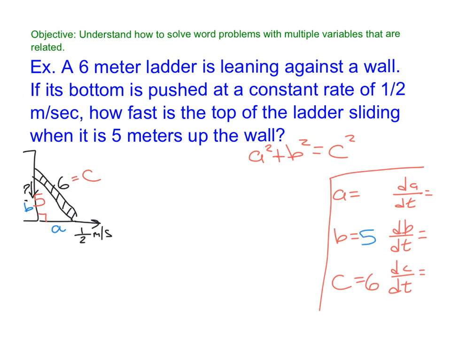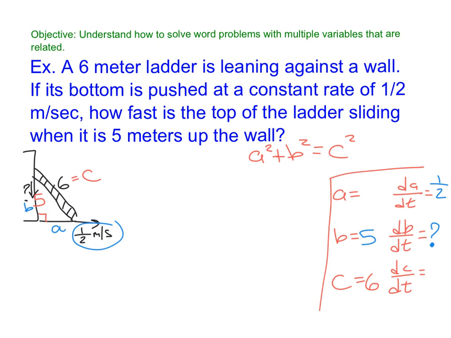And what else do I know? I don't know A, but I do know dA dt. This is my changing, so this is 1/2. So we have 3 things missing, but what are we finding? This is my question mark, so that is the thing that we need. Can I figure out what A is? Well, it's the Pythagorean theorem.